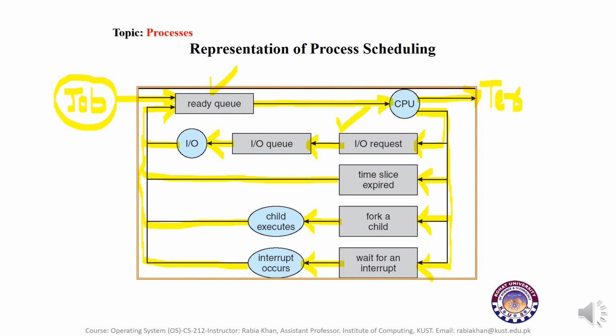So it may happen either you create a new process or you open an already stored process, the process which is already stored on the disk. In that case, you are actually opening a process from the job queue. So this is how a process travels between different types of queues that are present in your system.